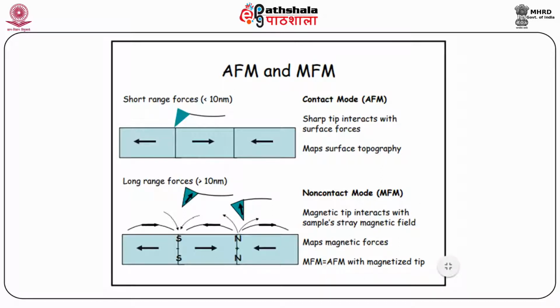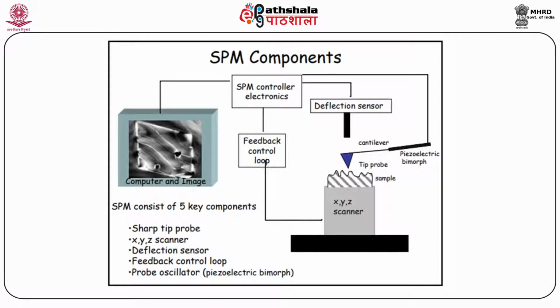For the other kind, the non-contact mode, where we get MFM images, the magnetic tip interacts with the sample's stray magnetic field. It maps the magnetic forces. MFM and AFM with a magnetized tip have been given.